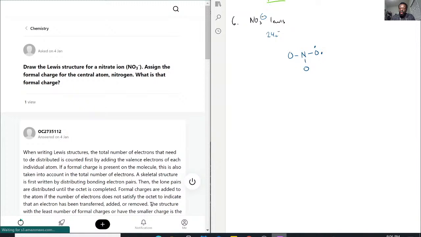So 2, 3, 4, 5, 6, and the same for each oxygen. Okay, let me just reposition this. There we go. And now the nitrogen is sharing 3 of its 5, so we have 4 and 5.